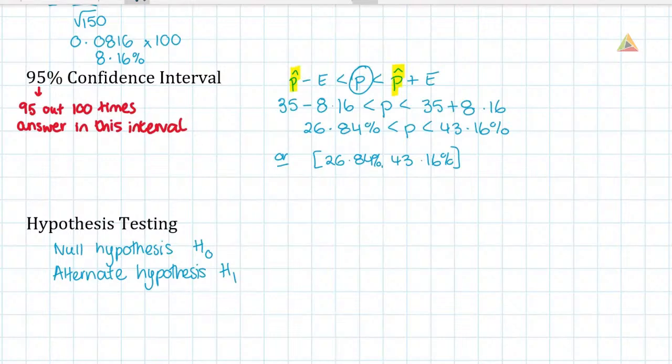So the alternate hypothesis or alternative hypothesis is just going to be the opposite of the null hypothesis. So when we're writing these, the null hypothesis means that nothing has changed, whereas the alternate or alternative hypothesis means that something has changed.